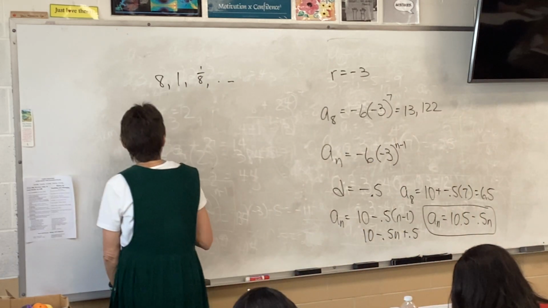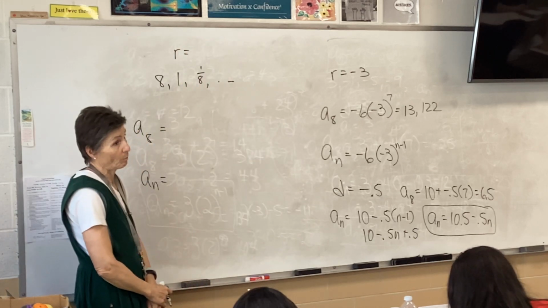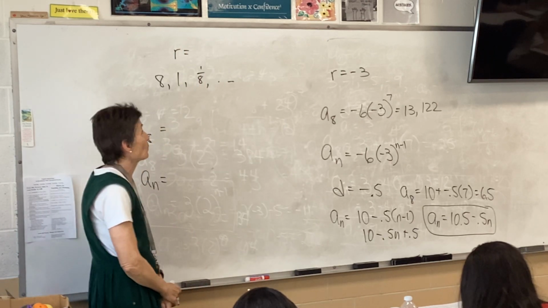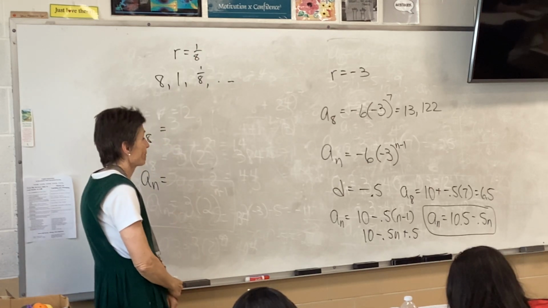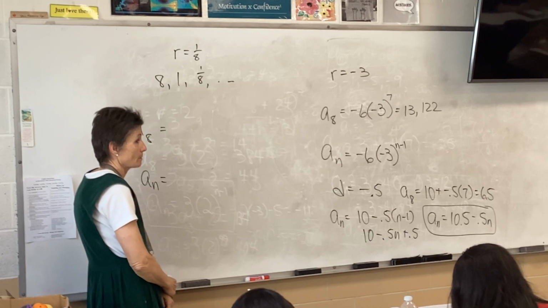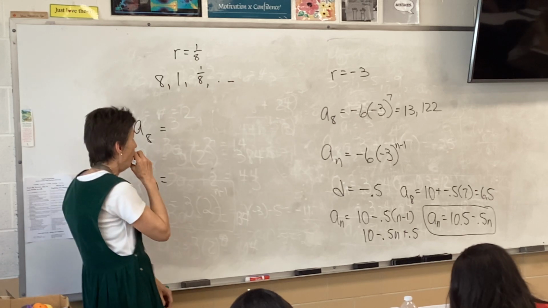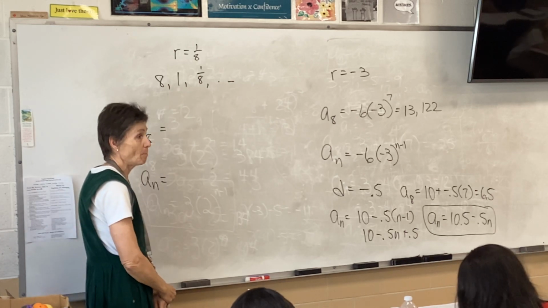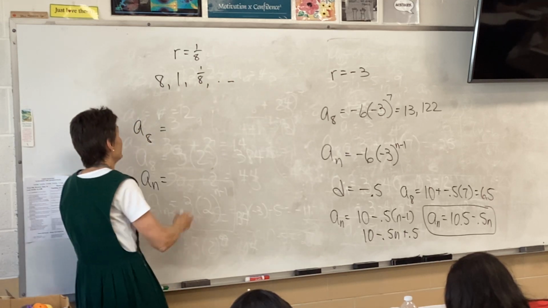And if you have figured out it's geometric, then you ought to be able to figure out what we're multiplying by. 1/8. So then, your 8th term is going to be small, so don't be alarmed if you get a decimal or a small fraction.